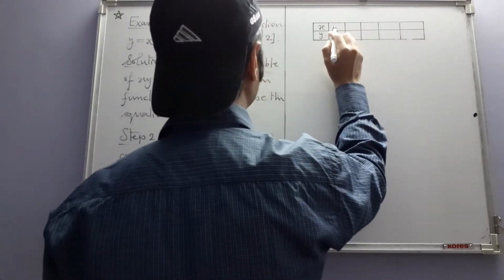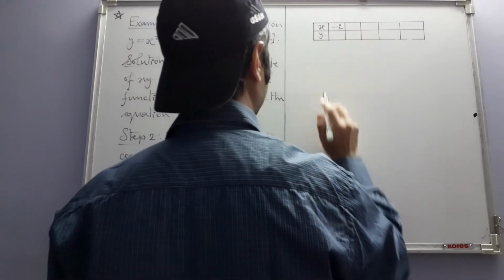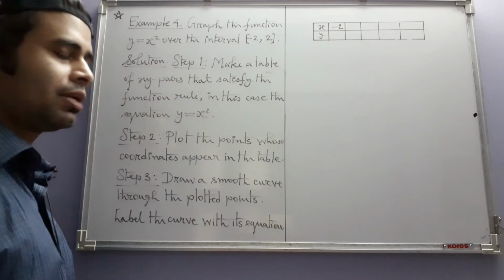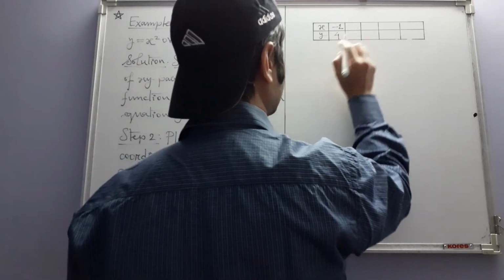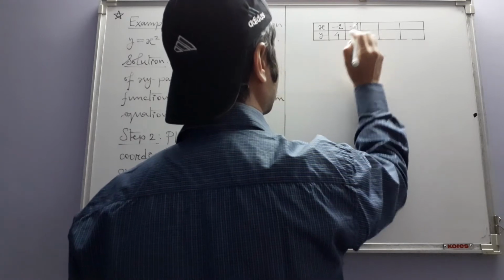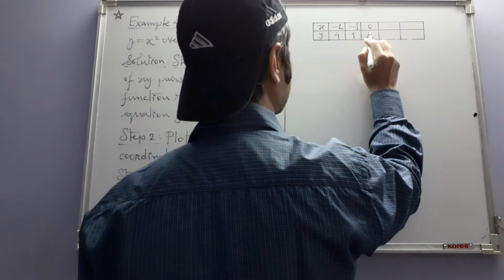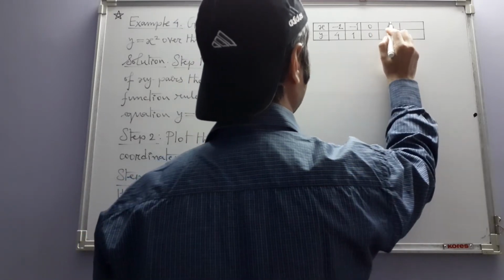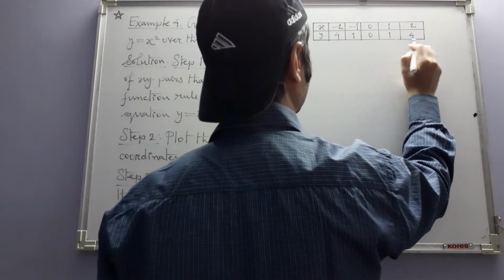So if x is -2, then y is x square, so it will be 4. If x is -1, then -1 square is 1. When x is 0, y is 0. When x is 1, y is 1, and when x is 2, y is 4.